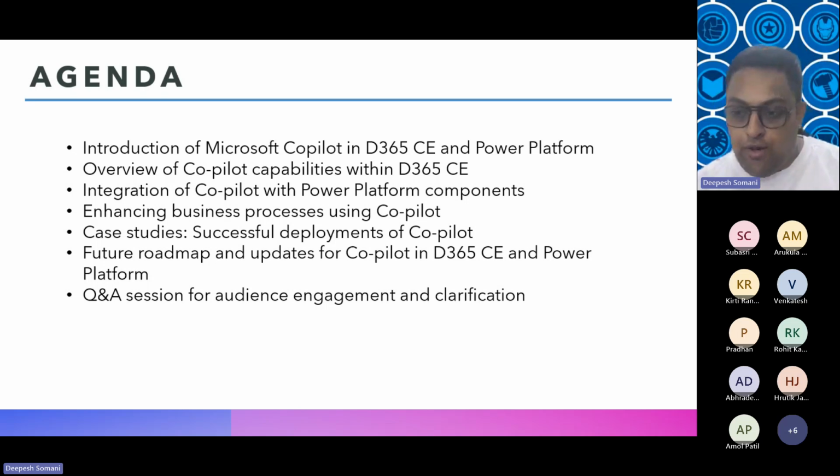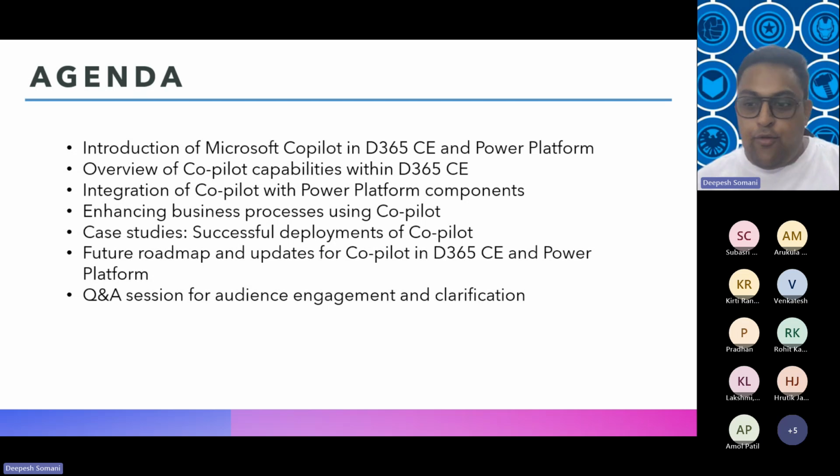What exists as of today? Enhancing business processes: how do you go ahead and enhance business processes using Copilot? Case studies, well, I'm just going to have a quick talk about it. That's why I said it's the later part of the journey, because there's so much to cover. If there are certain things we can cover, great. Then the future roadmap and updates, and a Q&A session.